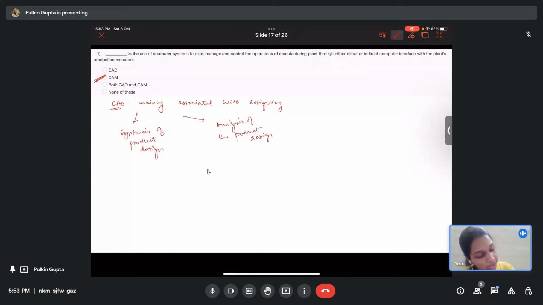Whereas CAM is associated with the entire manufacturing of the product using numeric controls and so on. And since it is CAM, it requires computers.